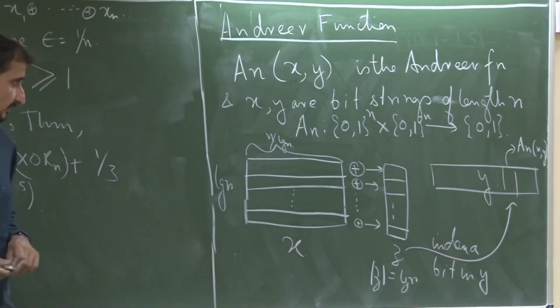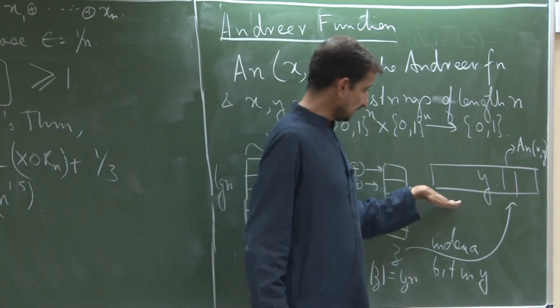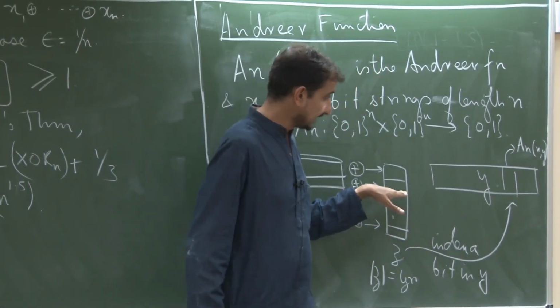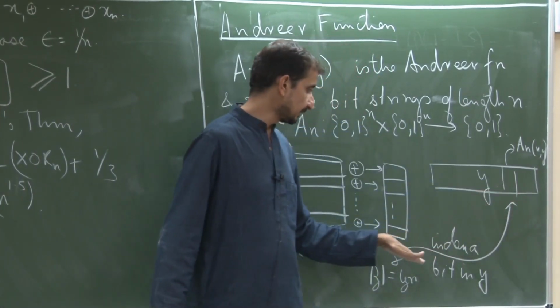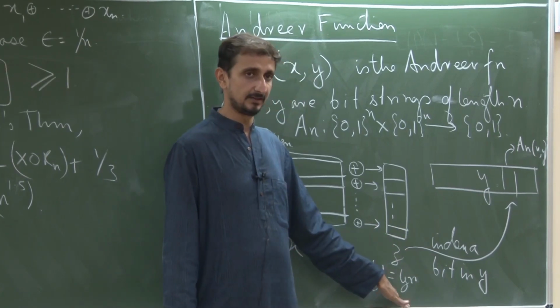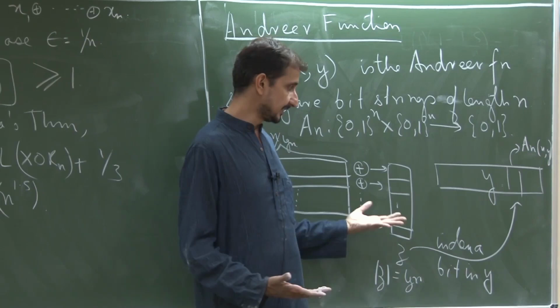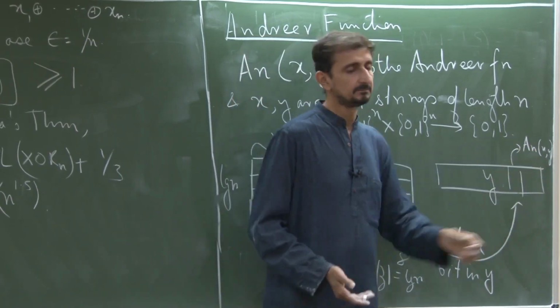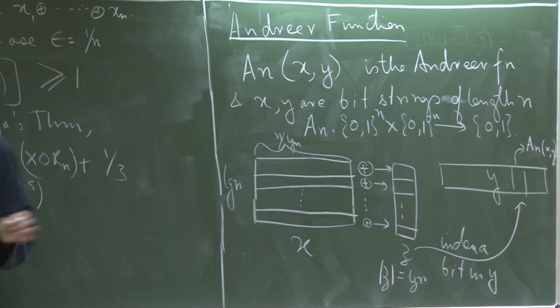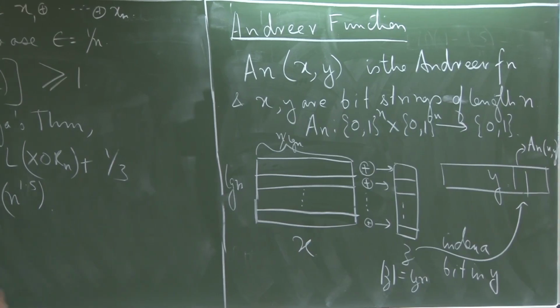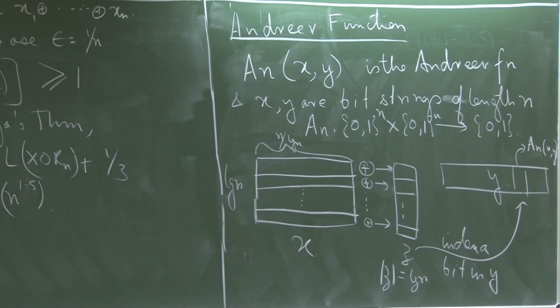Clear? Because any string of length n can be indexed by a string of length log n. Whatever the value of z is in decimal, I will use it to index y, and that is my value. So, is it clear what the function is? Any confusion?